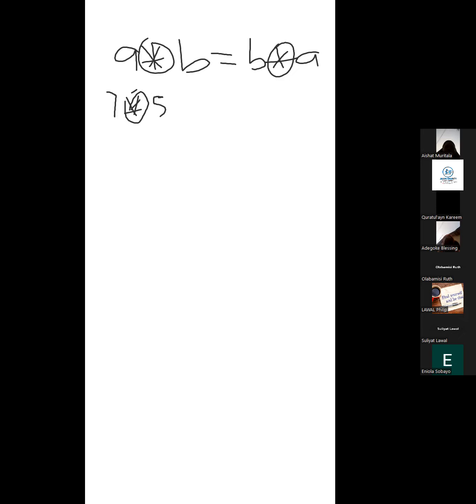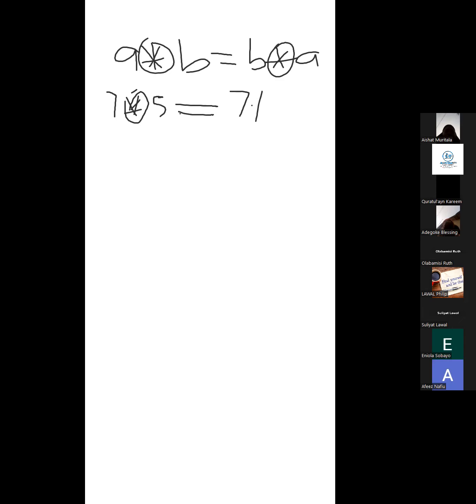I will speak loud so that it can be well understood. If you use this, and then you get 7 plus 5 over 7 times 5, this one will give you 12 over 35. What if we decide to interchange?